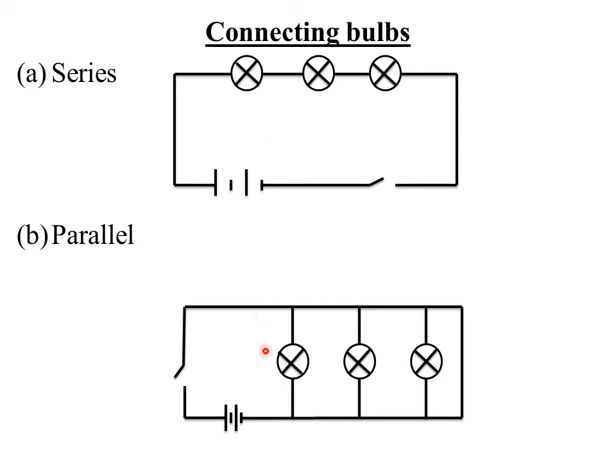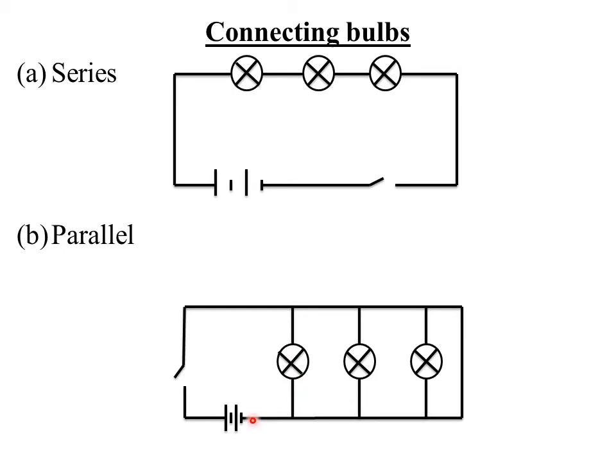However, if bulbs are arranged in parallel, the current flowing in one bulb does not affect the current flowing in other bulbs. So if one of the bulbs causes an open circuit, current will still flow in other devices. You can see here that the negative terminal is connected to our first bulb here.